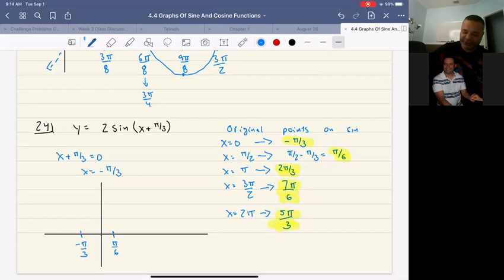I'm not a perfectionist here. You all are like, yeah, we know you're not a perfectionist, Dr. R. 2 pi over 3, just checking that. Okay. Seven pi over 6, and 5 pi over 3.